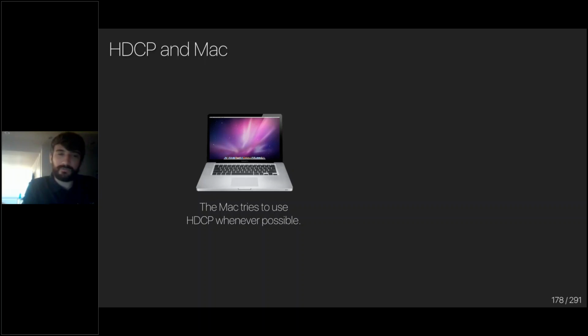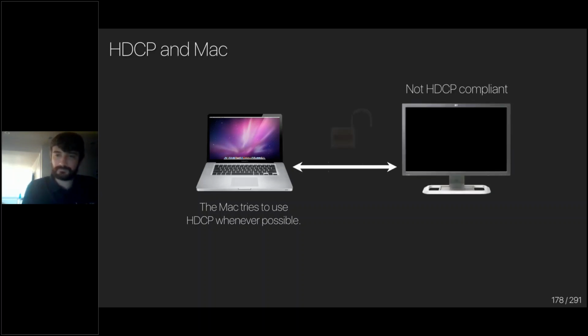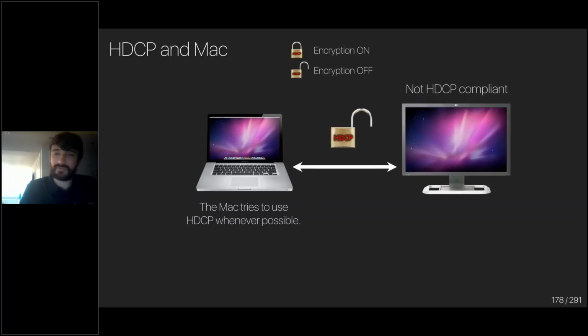Even if you're just showing your background, your desktop, if you connect an Apple device and it does the HDCP authentication, if it detects HDCP compliancy with the connected device, it will use HDCP. If you connect it to a non-compliant device, it won't use HDCP. If you tried to start playing protected content, it would kick in and it wouldn't let you see anything. But just for your everyday, day-to-day use, you can use an Apple device with a non-compliant HDCP display, no problem.